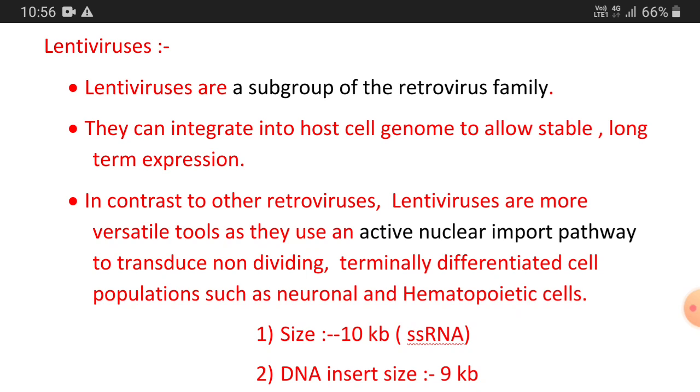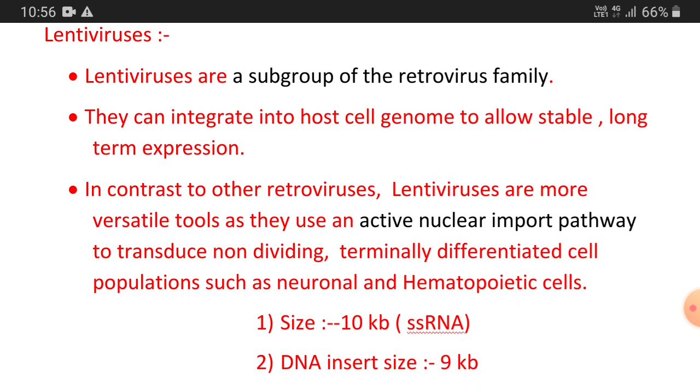This retrovirus has the ability to transduce mainly dividing cells, because transduction with the help of retrovirus relies on the breakdown of the nuclear membrane, and that is only possible during cell division, right? That means retrovirus can only transfect dividing cells.